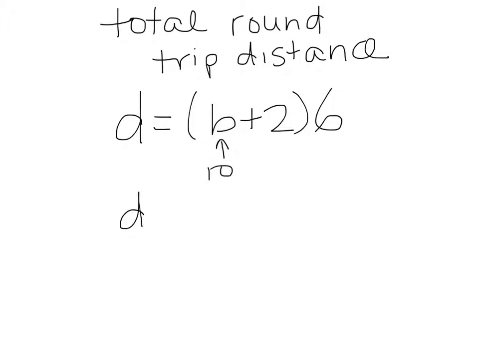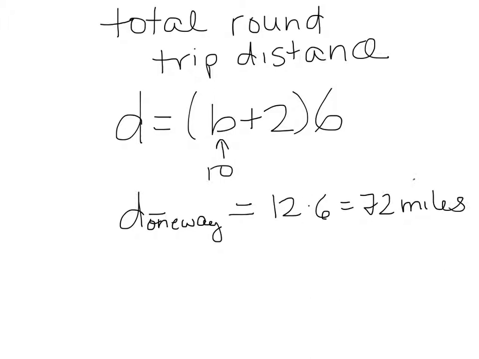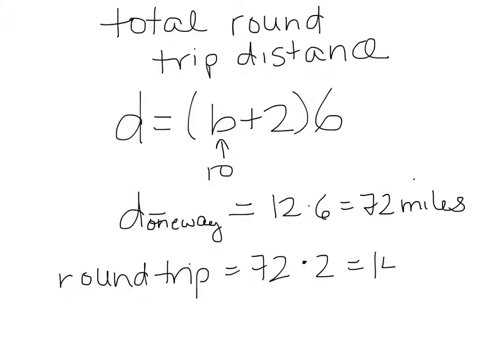So distance, one way, remember, one way, equals 12 times 6, which is 72 miles. So her round trip is 72 times 2. She goes there and back, which is 144 miles.